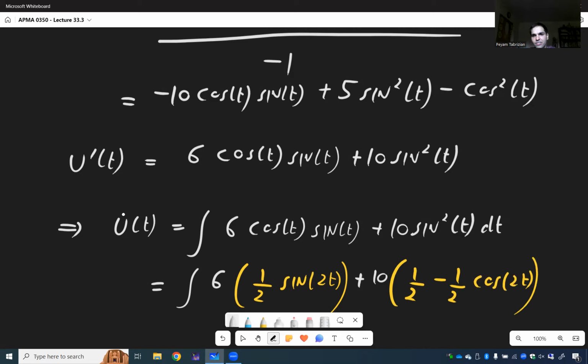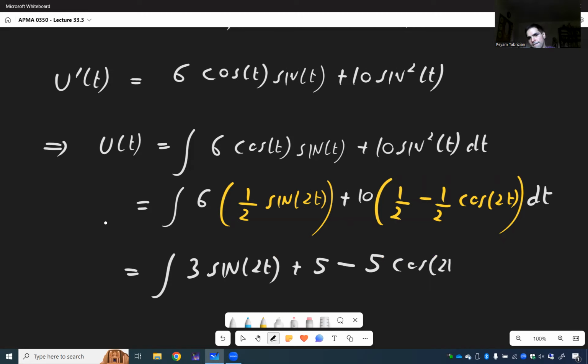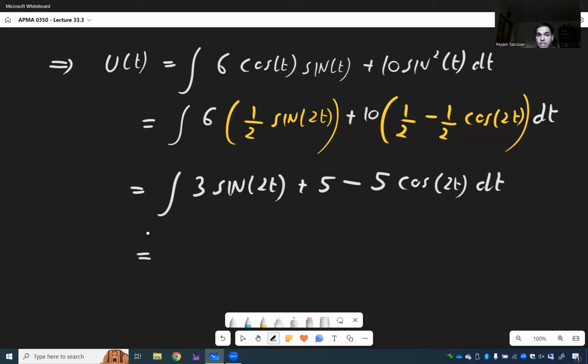Remember from calculus how to integrate those functions. And then we simplify this a little bit. So this becomes the integral of 3 sine of 2t plus 5 minus 5 cosine of 2t. Again, this is all fair game, all this trig.